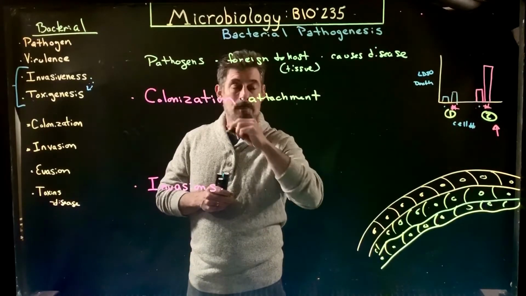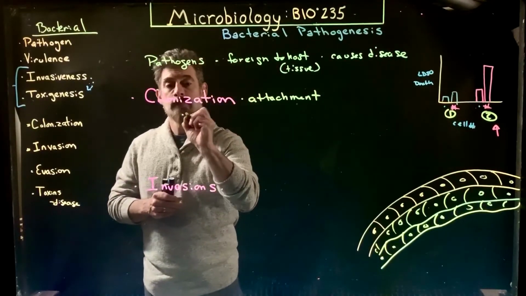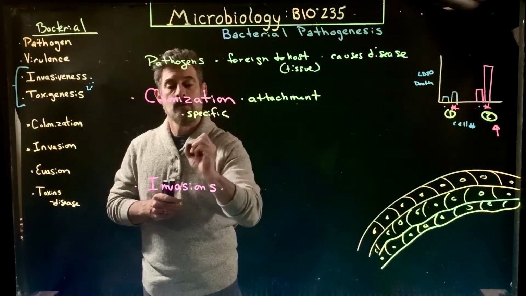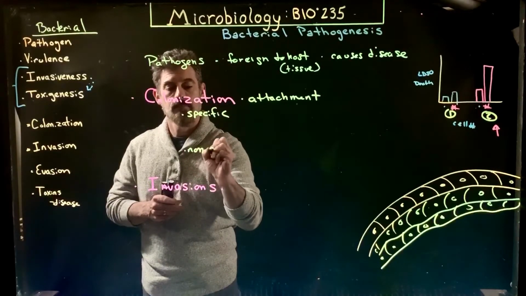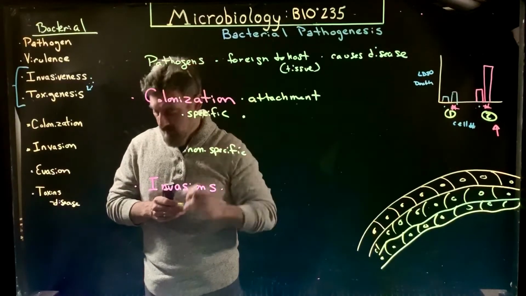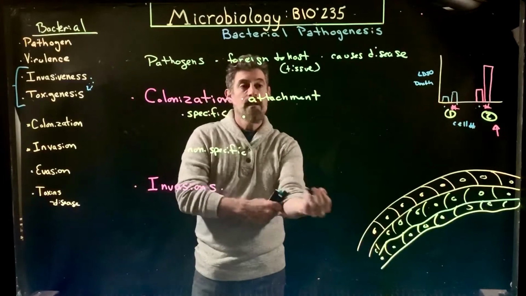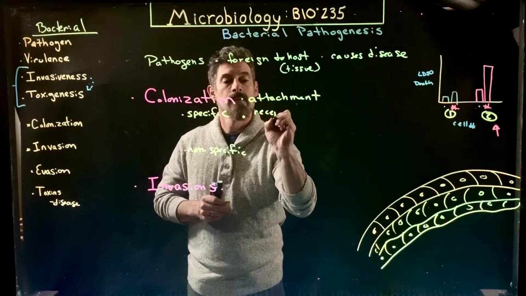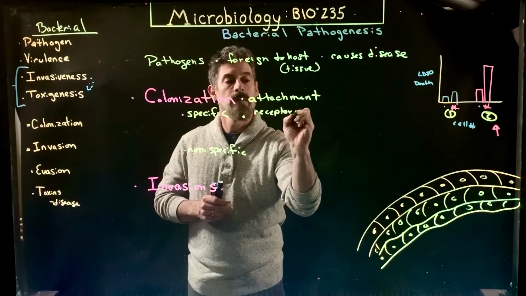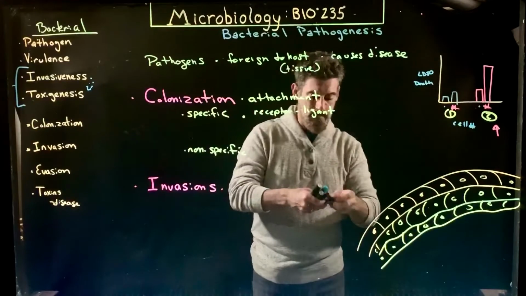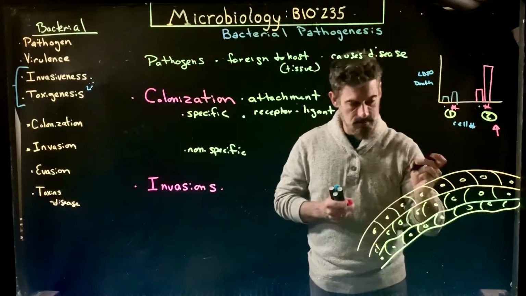And this can either be specific or non-specific. If it's specific, it's really working in sort of a receptor-ligand capacity, where I'll draw this, obviously the size isn't going to be right to scale.